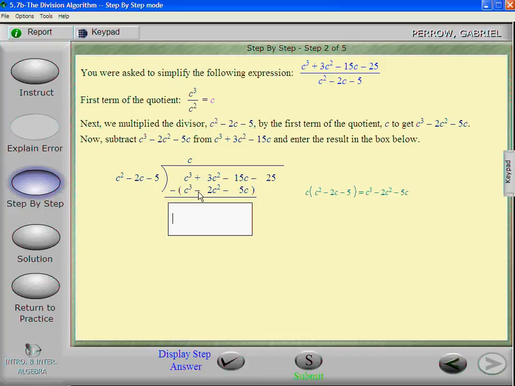They don't really give us the chance to express this part, but negative times negative is a positive. So if I had a positive 2c squared and a positive 3c squared, if I added them up, I'd have a positive 5c squared. And then same idea for the last term. Negative gets distributed. This becomes a plus 5c combined with a negative 15c. You'd have a negative 10c.